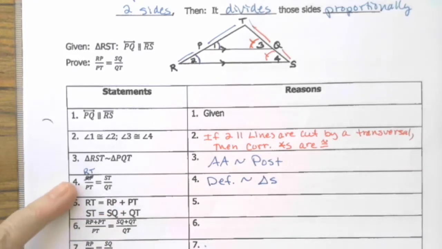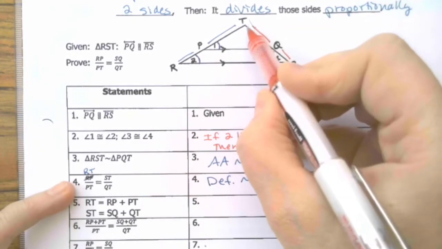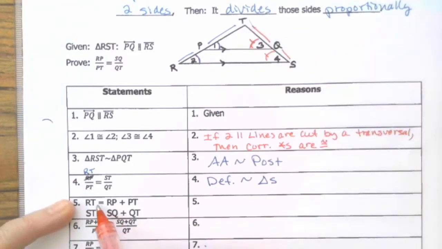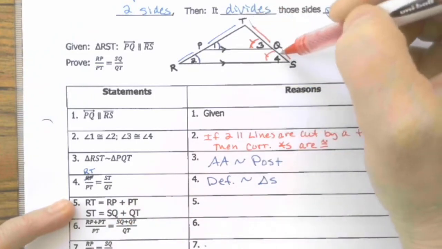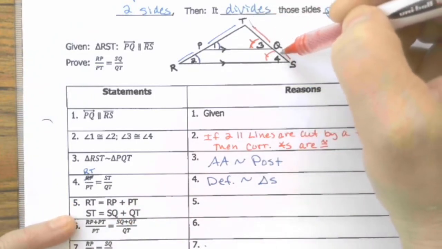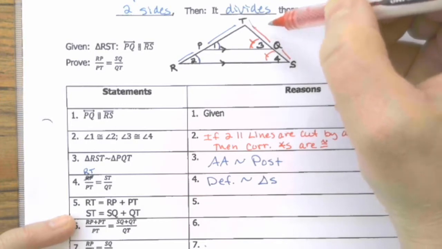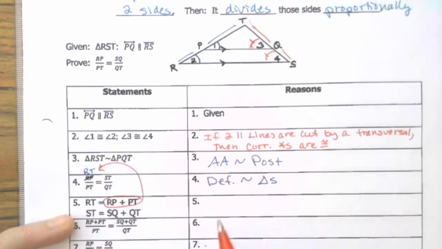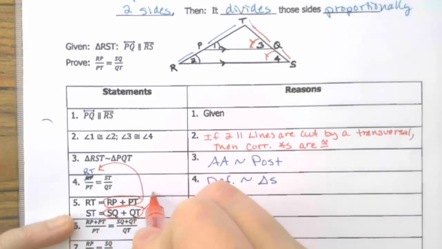Okay, so R to T is equal to RP plus PT. That's what this says right here. ST, the big one, is equal to SQ plus QT. We're going to take these and substitute them into this ratio.